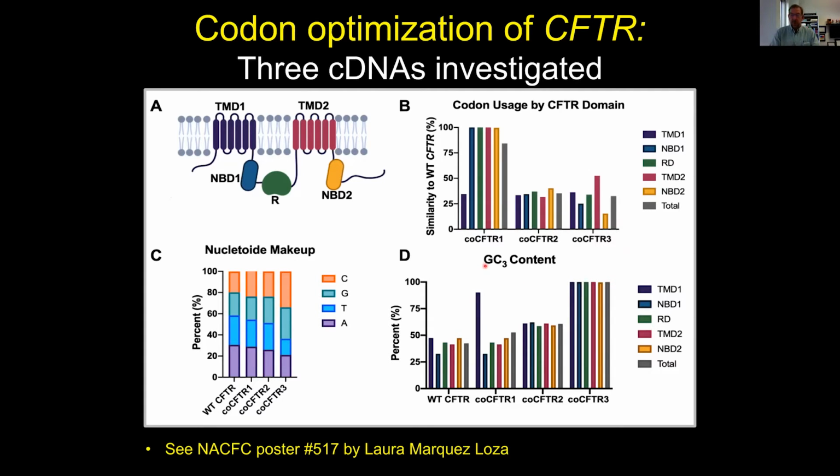And when you look at the GC3 content, the GC richness of the 3rd nucleotide of the codon, you see that CFTR3 is very enriched there compared to the other 2 constructs and wild type.